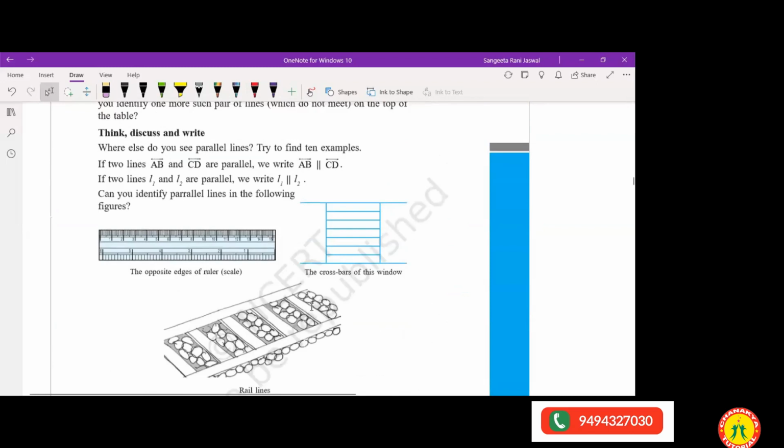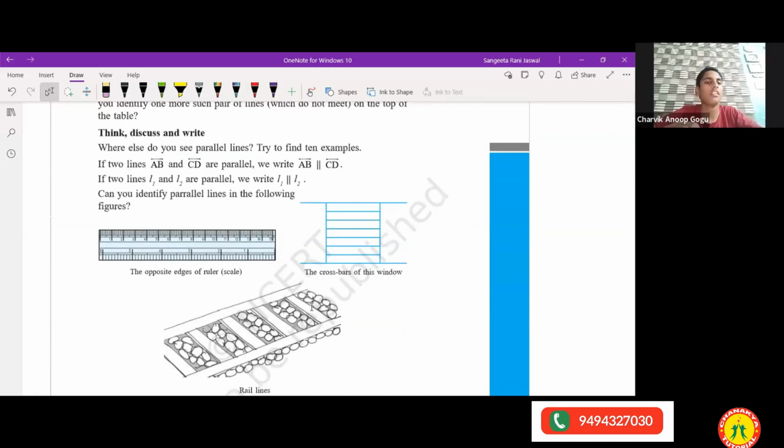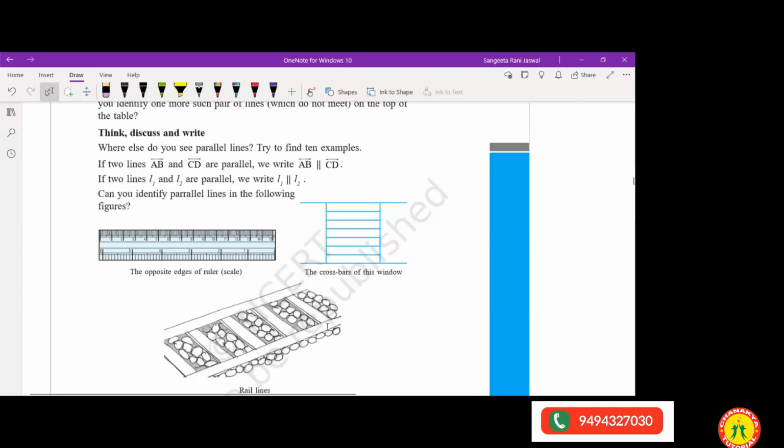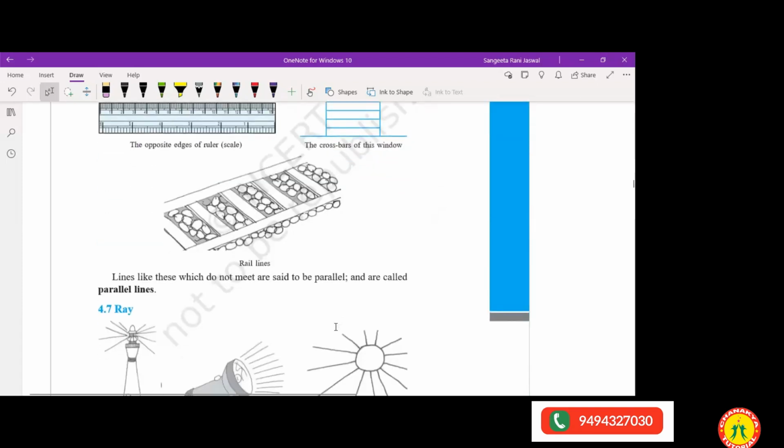The tracks never meet. It's only when two railway tracks are crossing that it makes a junction. That's a different thing. Two tracks combine into one or one combines into two, so that happens at the junction point.